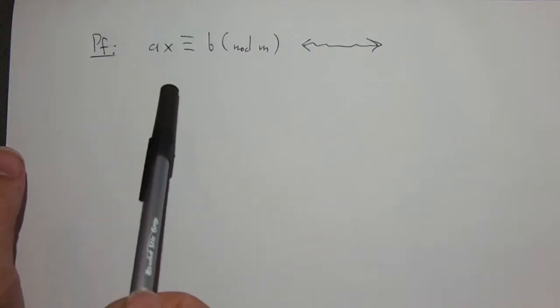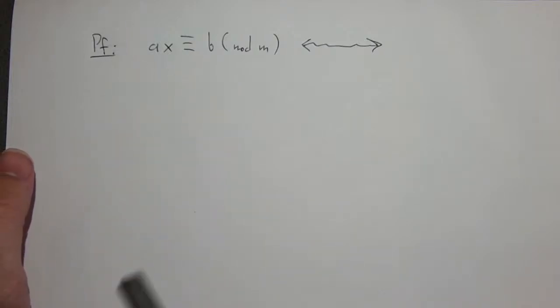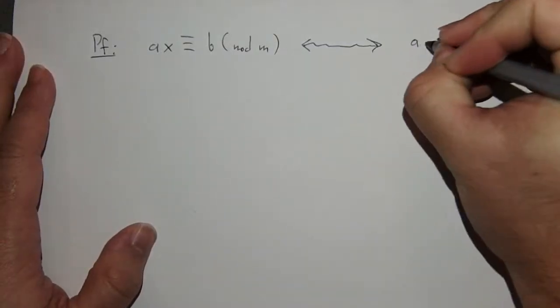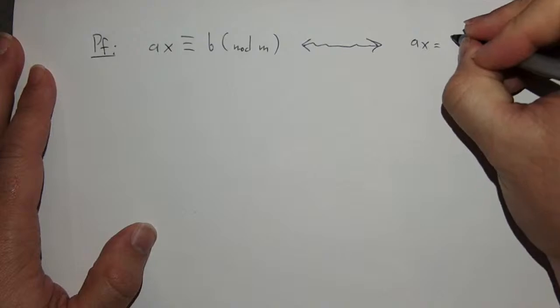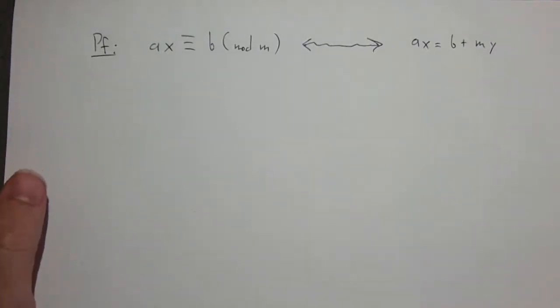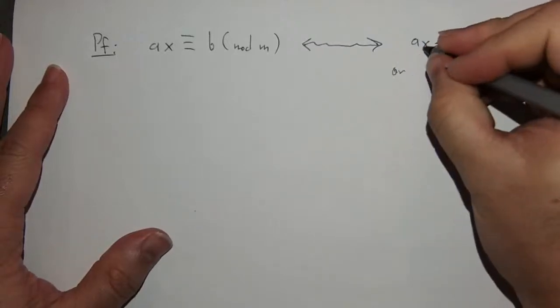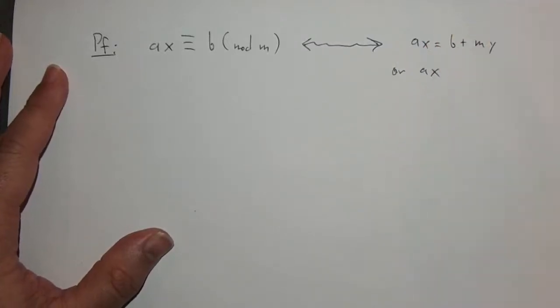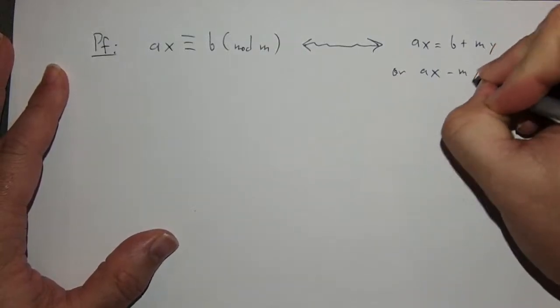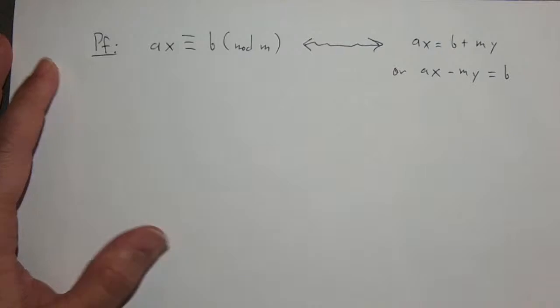So ax congruent to b mod m is equivalent to ax equals b plus my, or rewriting this, ax minus my is equal to b.